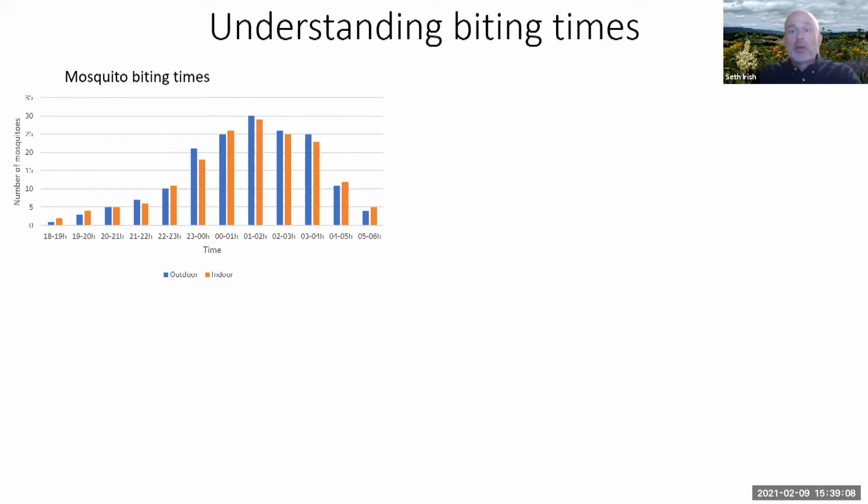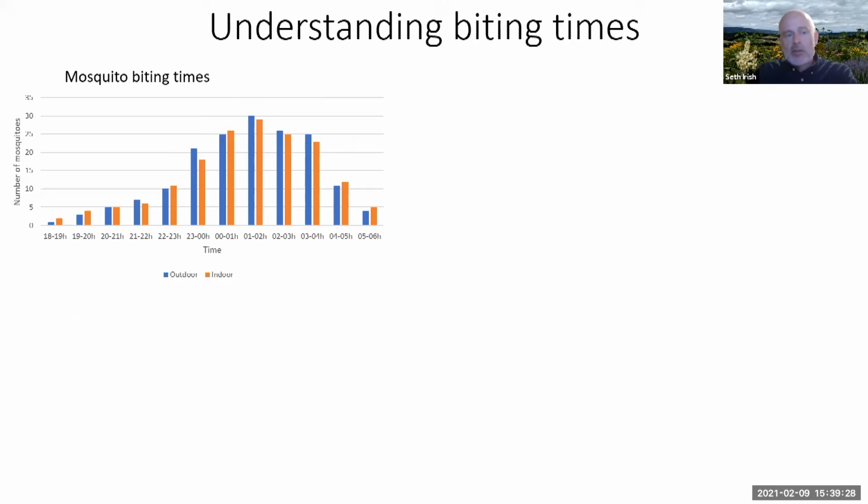Here, one of the key questions that you might want to answer is, do the mosquito biting times correspond to the times that you might cover with a mosquito net? To answer that question, you could collect mosquitoes throughout the night using methods that we'll talk about later.